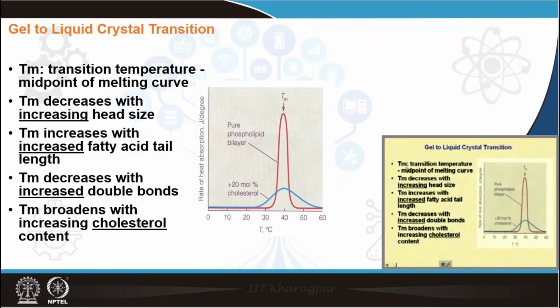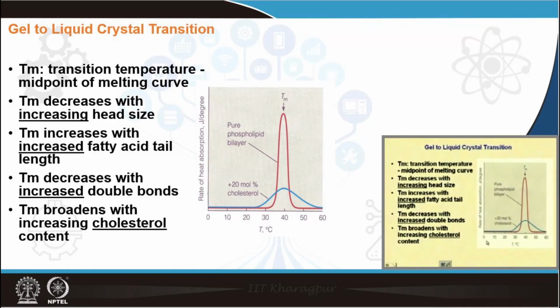It is sort of a melting point, a melting curve that we get, and the midpoint of this melting curve is going to be the transition from the perfectly ordered form to a disordered form. Now we are going to look at the features that are going to result in differences in this transition temperature.